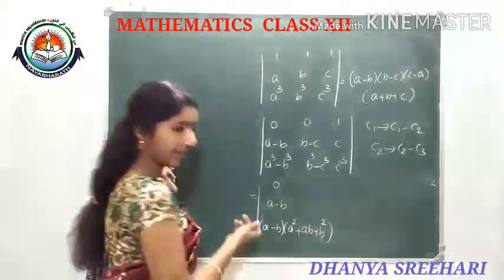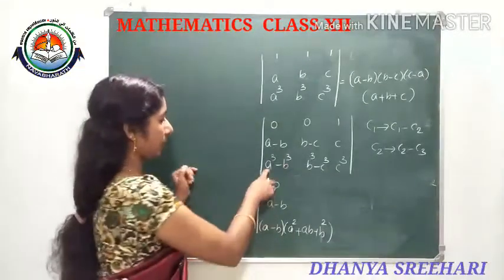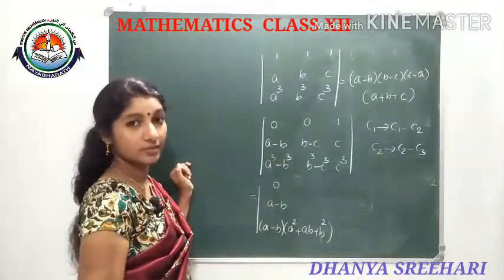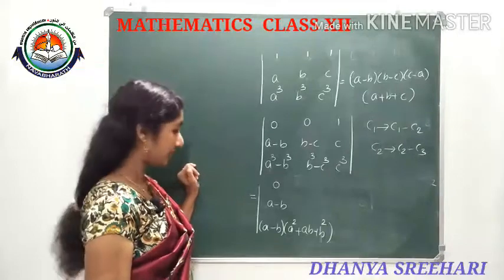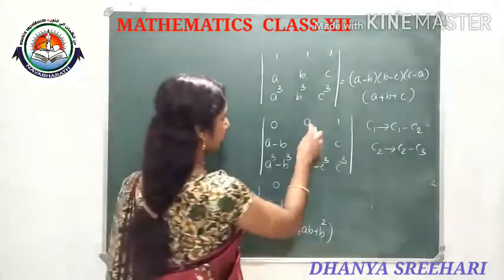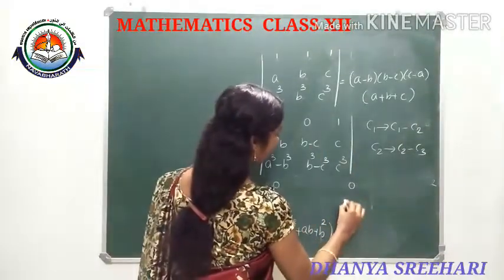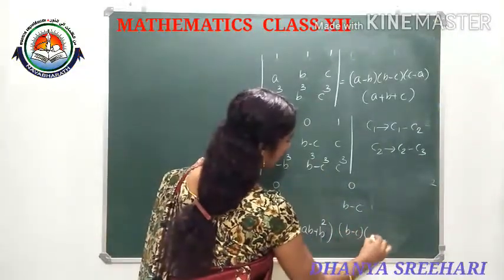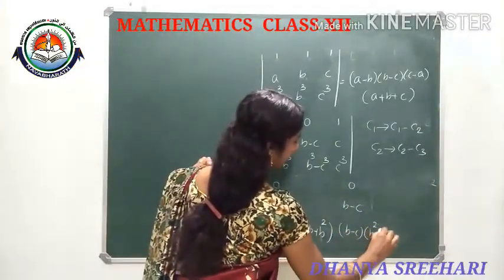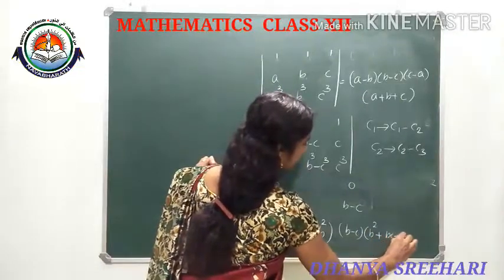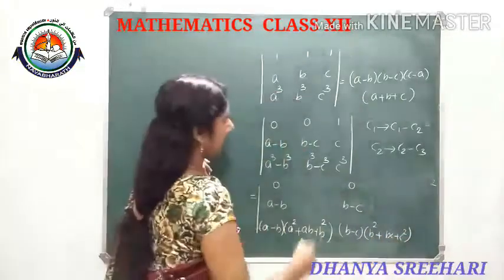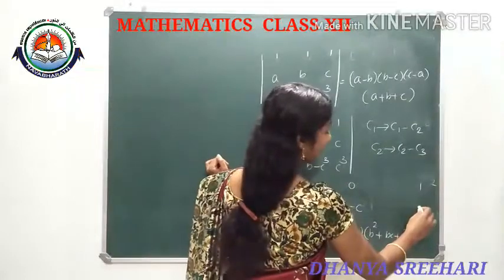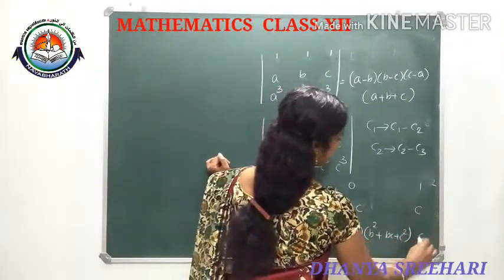Direct identity. And the second also we can write like that: 0, b minus c, and this is b minus c into b square plus bc plus c square. And the third column has no change: 1, c, c cube.